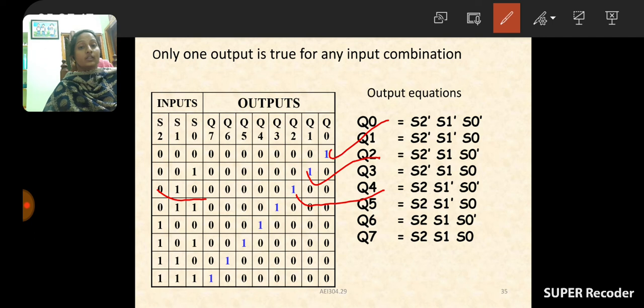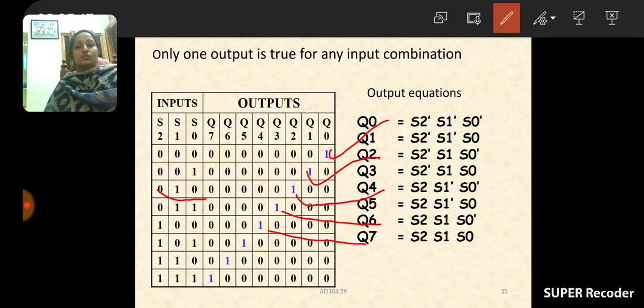In your competitive examinations, the questions are like this: in a decoder, when the bit Q4 is selected, what is the input? Remembering the truth table is very, very important. Next, if S2 is 0, S1 is 1, S0 is 1, the bit Q3 is selected. If S2 is 1, S1 is 0, S0 is 0, the bit Q4 is selected.